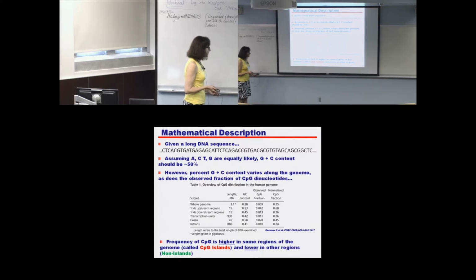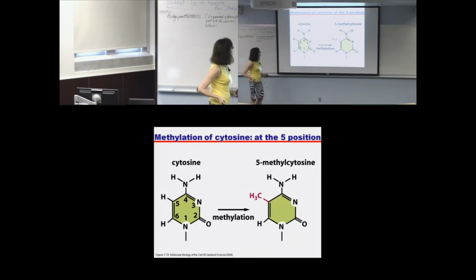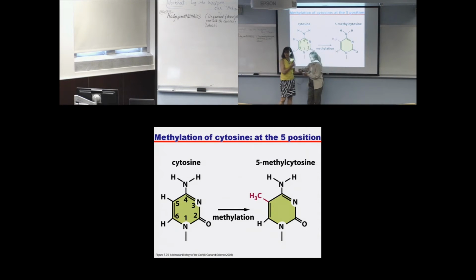This content is higher in some places, lower in others. And now Robin is going to tell us why this happens from a biochemical perspective, and why things aren't uniform, as mathematicians would very much like them to be.